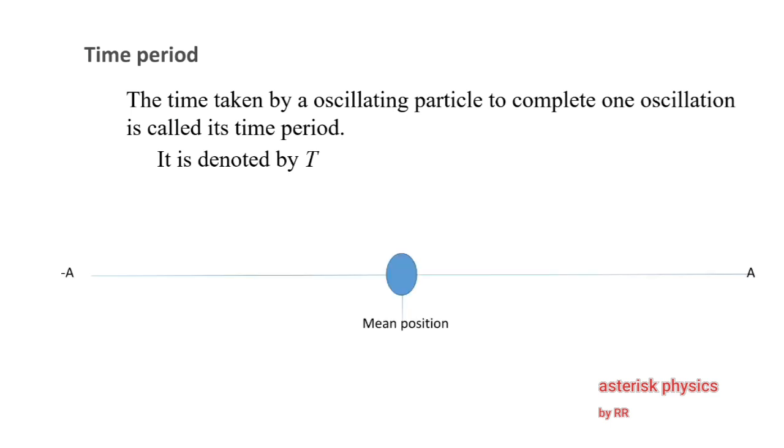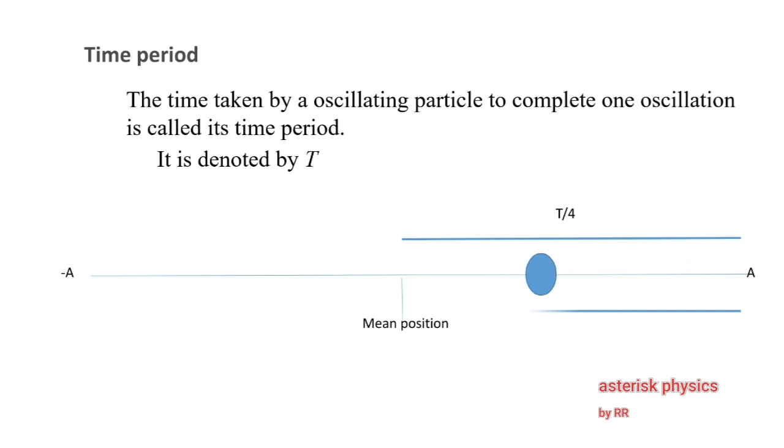Now here you can see a particle. Now it is at its mean position. When the system is disturbed, the particle will start oscillating, or it starts executing simple harmonic motion. From here we will have a correct picture of one oscillation. You can see the particle starts moving towards one of its extreme ends, A. Then it comes back to its mean position.